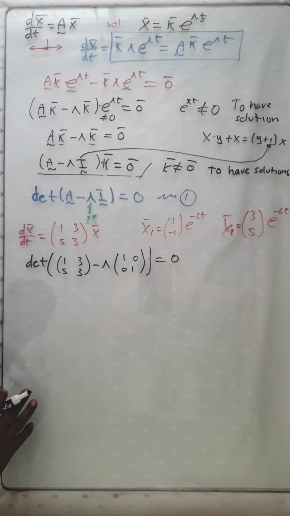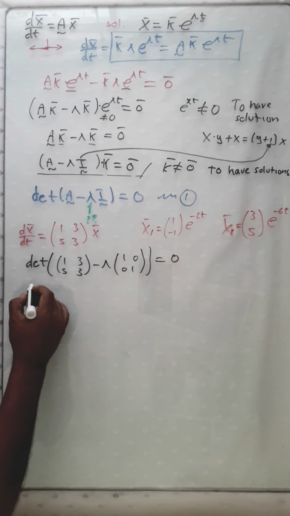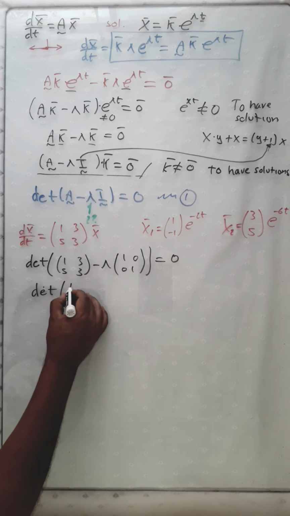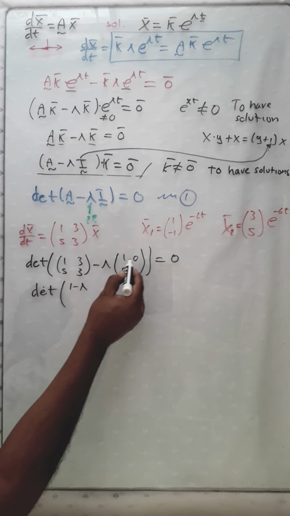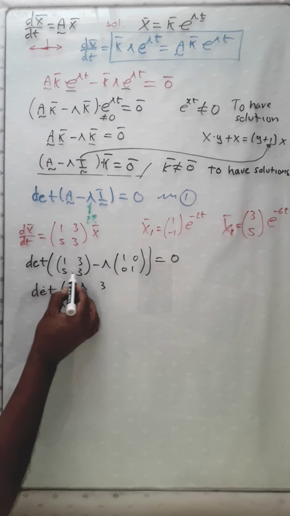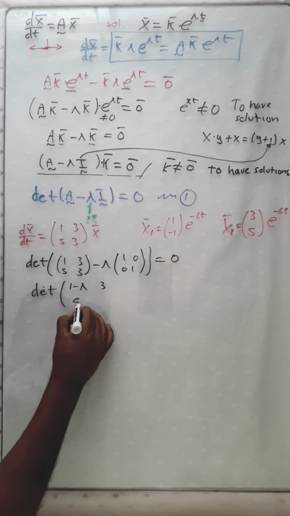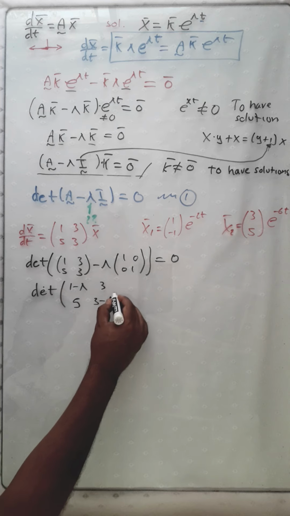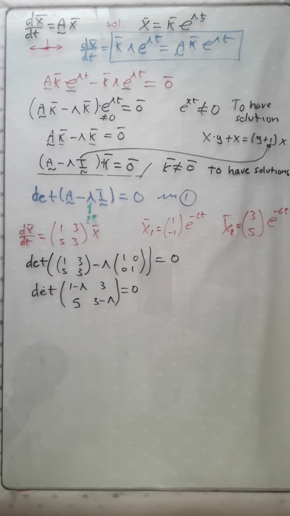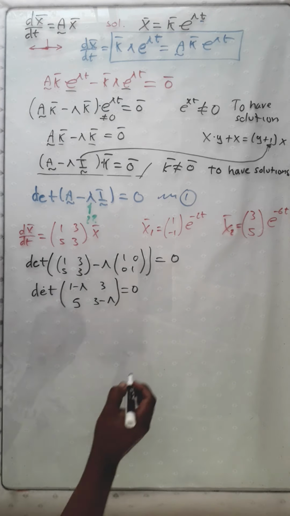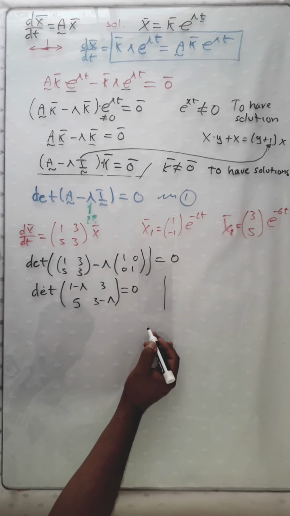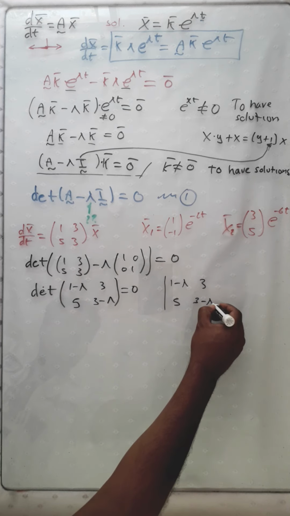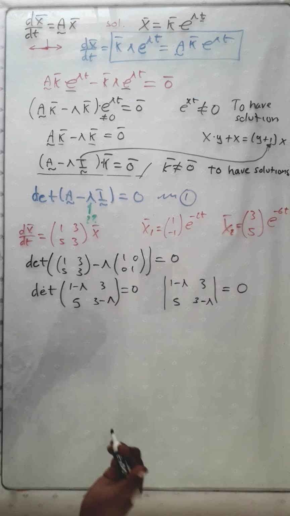Okay, so this operation is going to be equal to the determinant of what? 1 minus lambda, and then 3 minus 0, just 3, and then 5 minus 0, just 5, and then 3 minus lambda. And that determinant must be equal to 0. I usually write the determinant with 2 bars, with 2 lines: 1 minus lambda, 3, 5, 3 minus lambda, equal to 0.